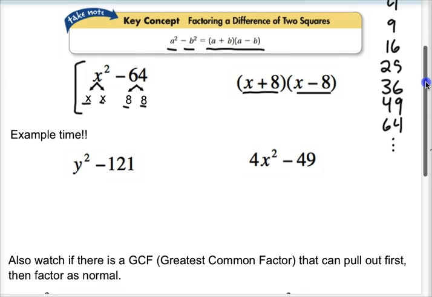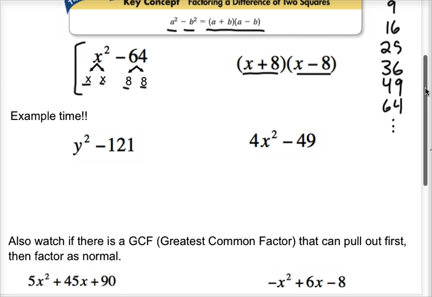Now, for two examples of this, y squared minus 121. So I know for a fact y squared is, okay? Y squared is y and y. And again, what set me up in the first place thinking this might be difference of squares, it's only two terms, they're subtracting, and I know for a fact that y squared is a perfect square. Well, what about the 121?